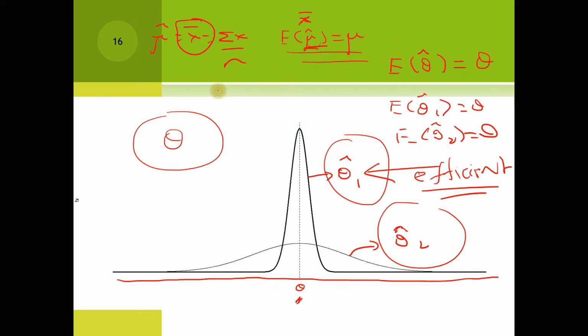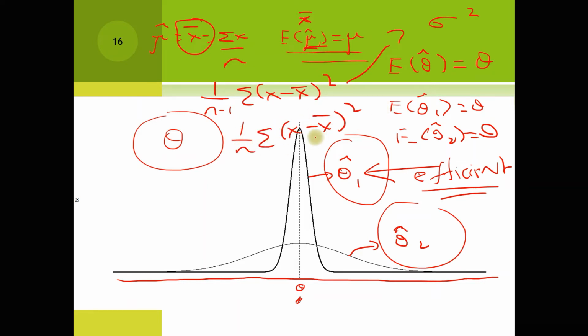For the variance, you have two different formulae that I will present, or I've already presented to you maybe. For example, there is one formula that is 1 upon n minus 1 sum of x squared, which is used to estimate sigma squared. And there is another formula, which is the sum of x minus x bar, all squared, which you can also use to estimate sigma squared. But which one shall you use in this particular context?